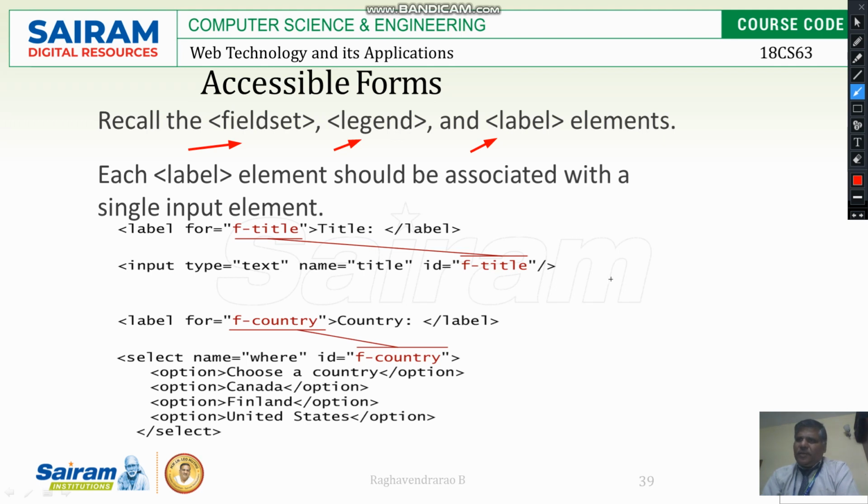Either here or there, you can write it. So this is one format, just to know what exactly this title is going to be. Then fieldset, legend and labels: fieldset and legend we will see in the next slide.